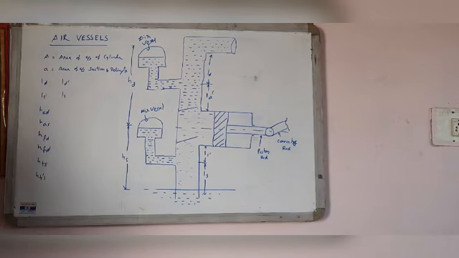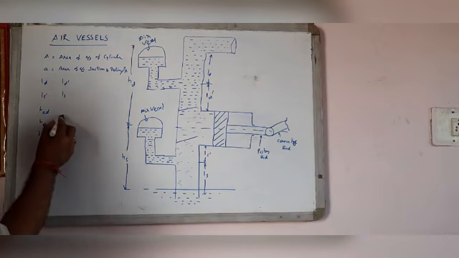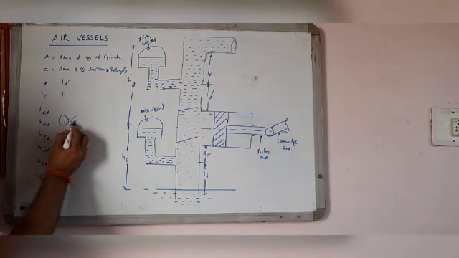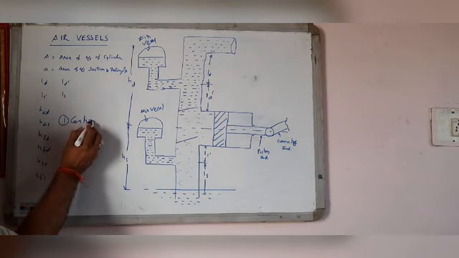These are the causes for using this air vessel: first, to obtain a continuous supply of liquid at a uniform rate; and second, to save a considerable amount of work in overcoming the frictional resistance in the suction and delivery pipe.